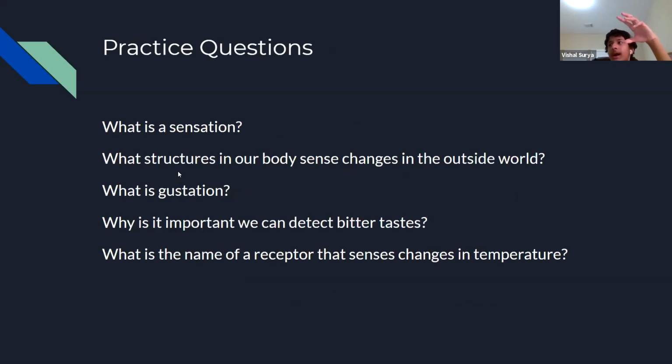So here are the practice questions. I don't think we have time necessarily for them. So if you want to ask questions or you want to answer the questions in chat, go ahead. Just do whatever you want. Answer them in chat or ask questions for me, because we have around 3 more minutes left of class.